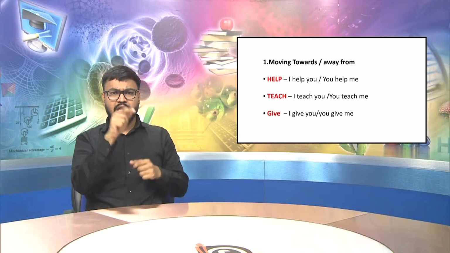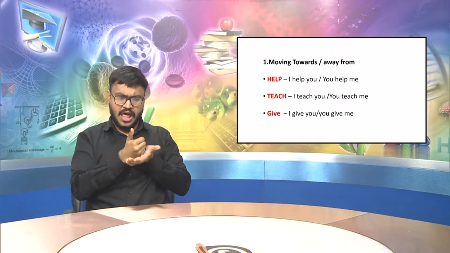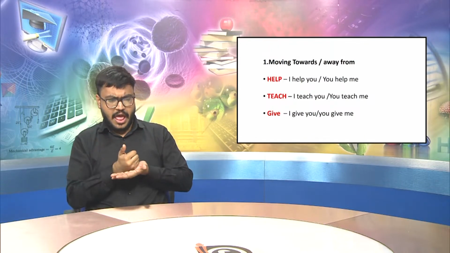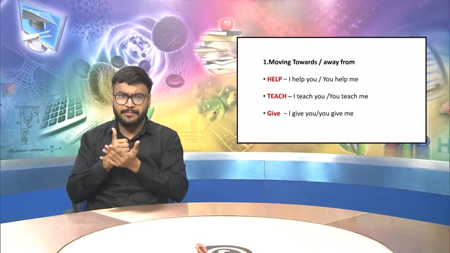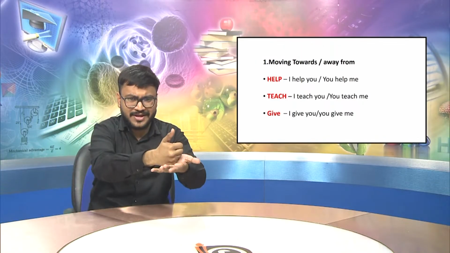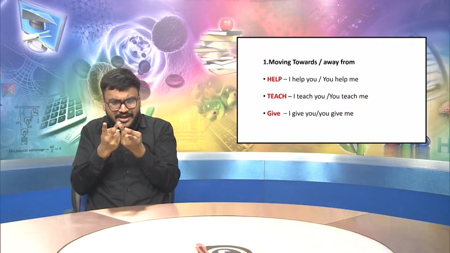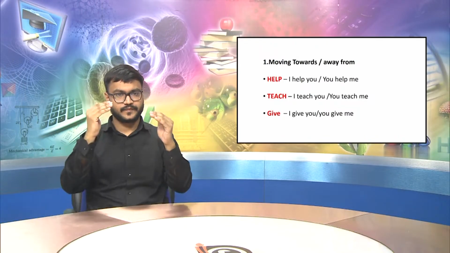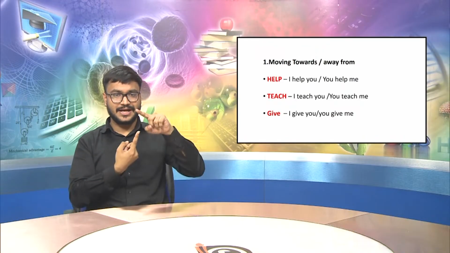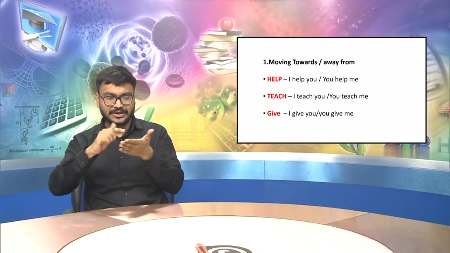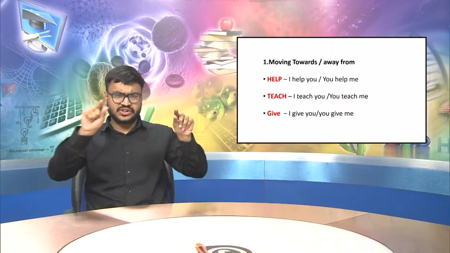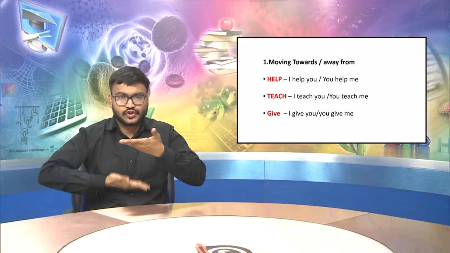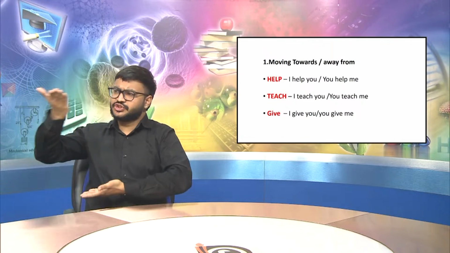For example, the sign of help. If I help you, the sign of help will be moved forward. And if the second person helped me, the sign of help will be backward. Next is teach. If I teach you, the sign of teach will be a circular motion.